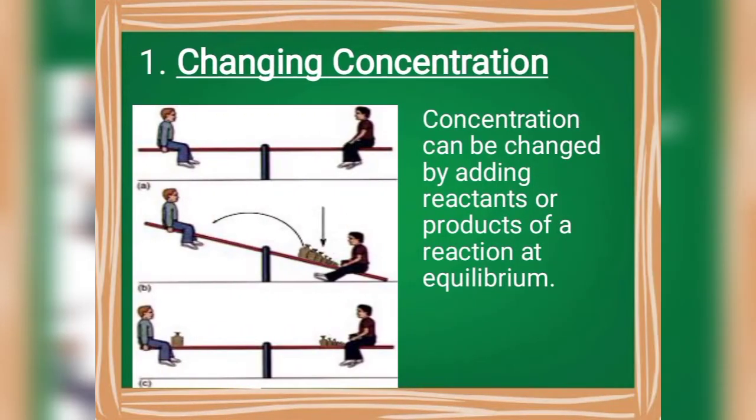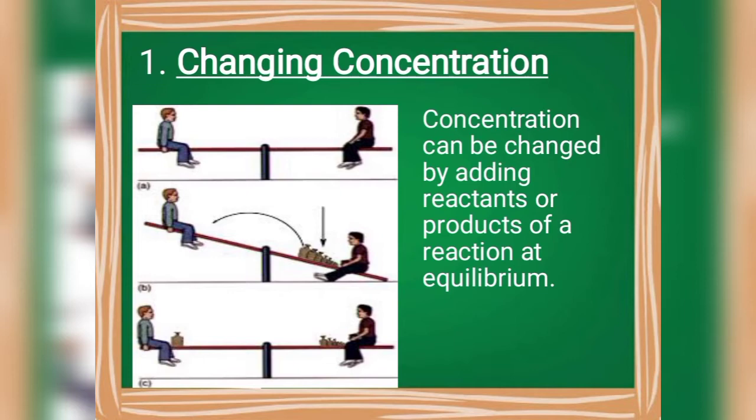Change in concentration. Concentration can be changed by adding reactants or products of a reaction which is at equilibrium. What does it mean? It means that if you add reactants, the system will start creating more products to reduce the concentration of reactants to restore the equilibrium.